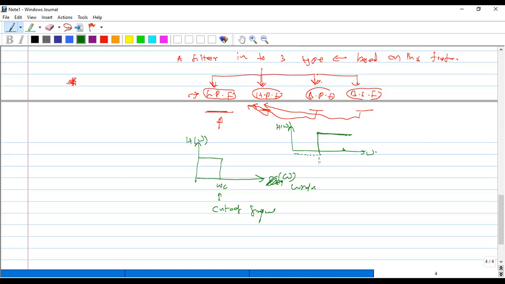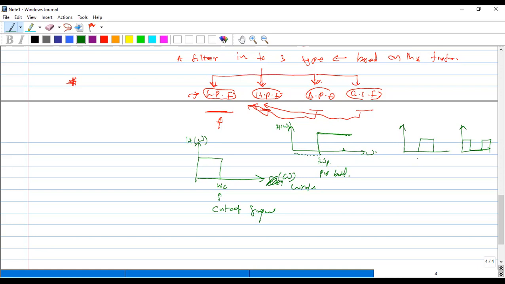This is called the pass band. And for a band pass filter, it is like this, and a band stop filter is like this.